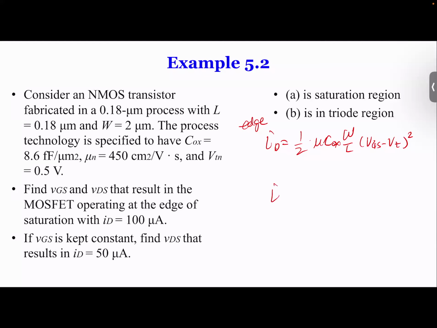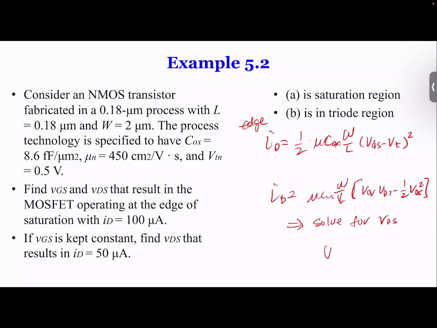This means ID equals mu COX times W over L times VGS minus VT times VDS minus 1/2 VDS squared. And from here, you can solve for VDS. Because this is a quadratic equation, you will have two values for VDS.